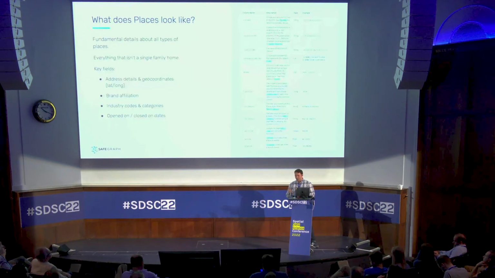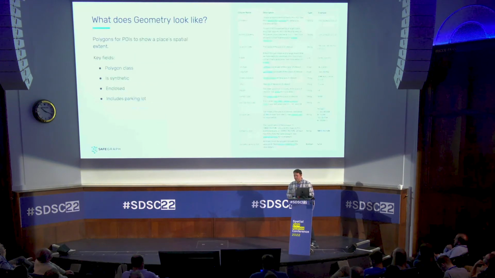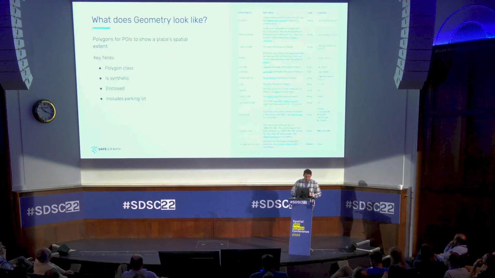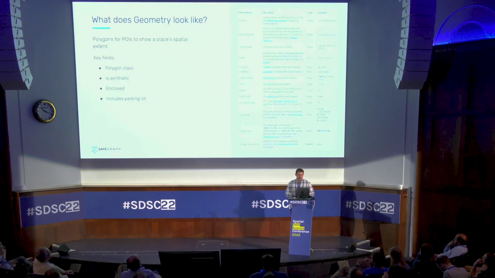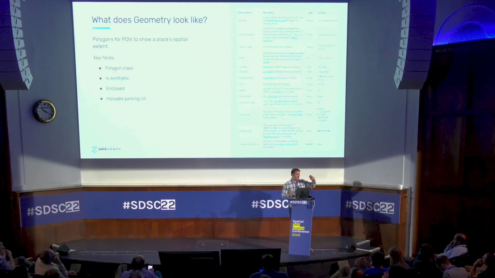And of course, the one that is always the moving target is opened-on and closed-on dates. So how are things changing in the world around me? On the geometry side, this isn't just the polygon for these places. So the Royal Geographic Society, not just the outline for this auditorium, but also, I believe there was another building over that way.